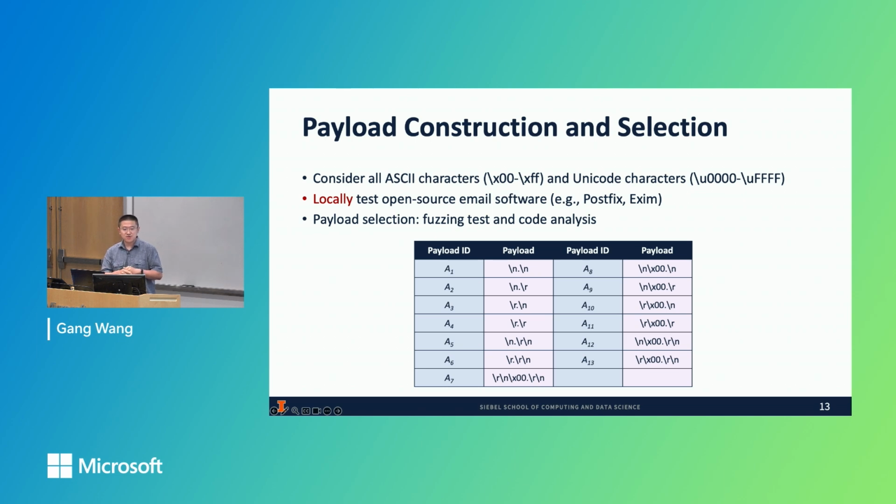So essentially we considered all the ASCII characters and Unicode characters and figured out which are likely to trigger those behaviors. We ended up finding 13 of those payloads that actually show up on at least one of the open source software as an initial set. Of course, this is not very complete because this is going to be heavily biased toward the open source software we can get our hands on. So not all email services use open source software, but this is a good indicator as to what is likely to work.